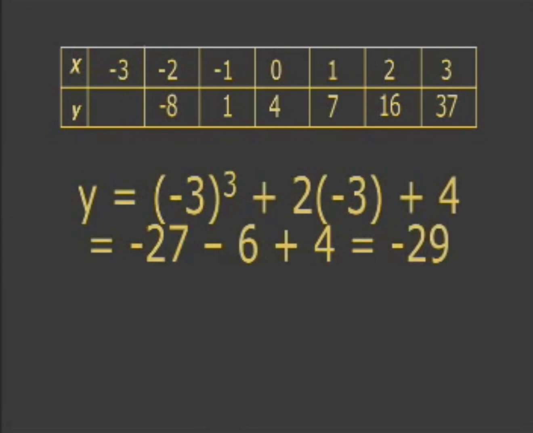If x equals -3, then y equals -3 cubed plus 2 times -3 plus 4. This is -27 minus 6 plus 4, which equals -29.